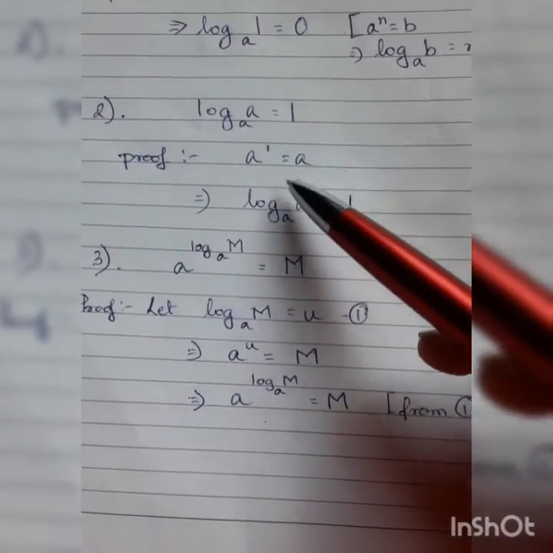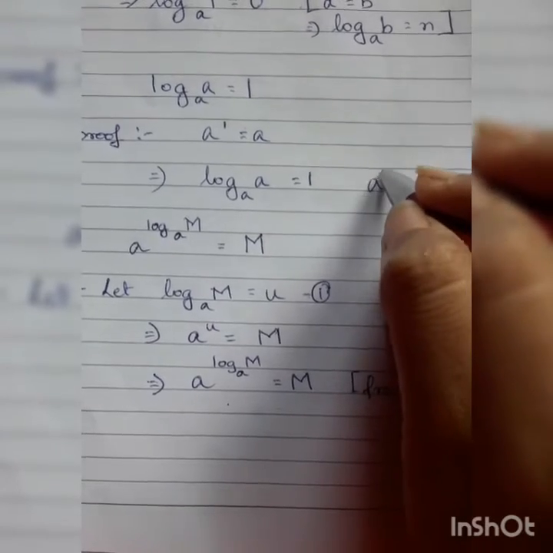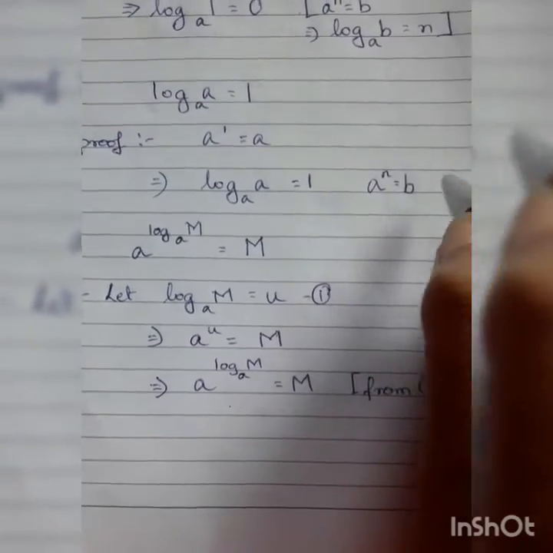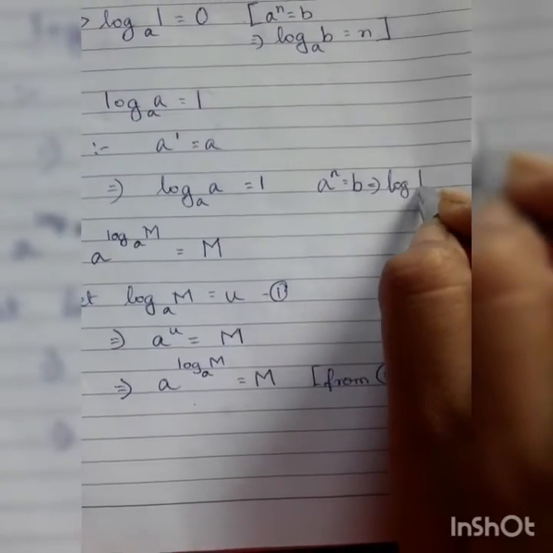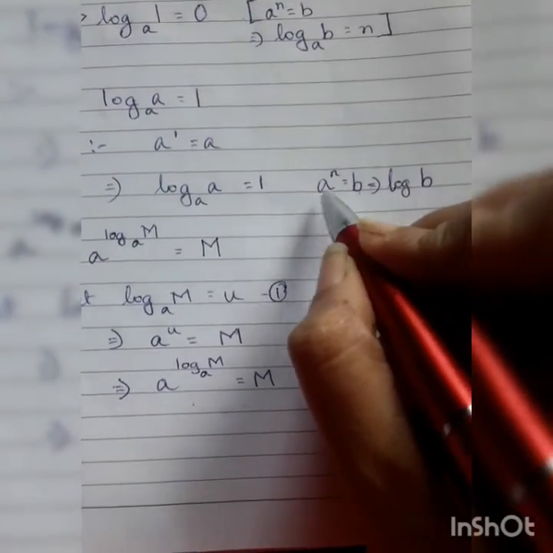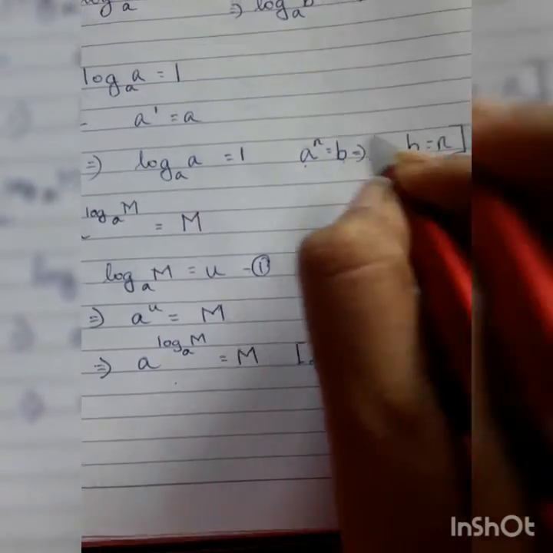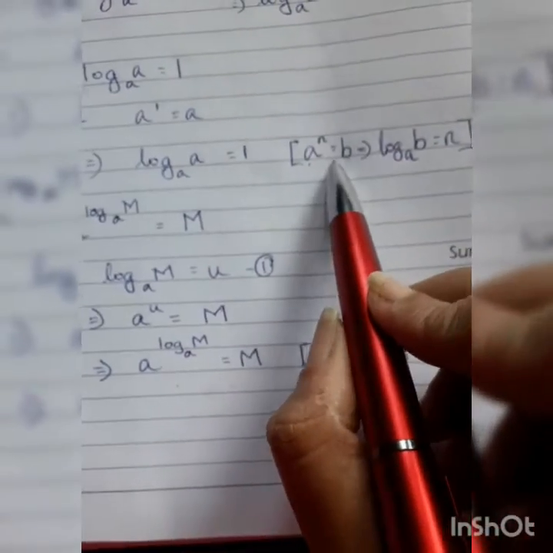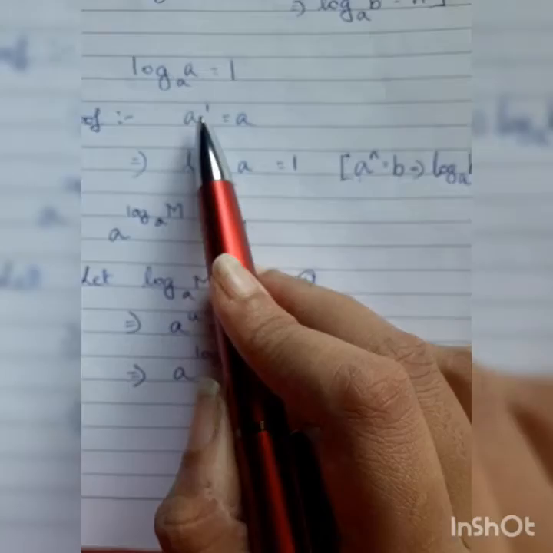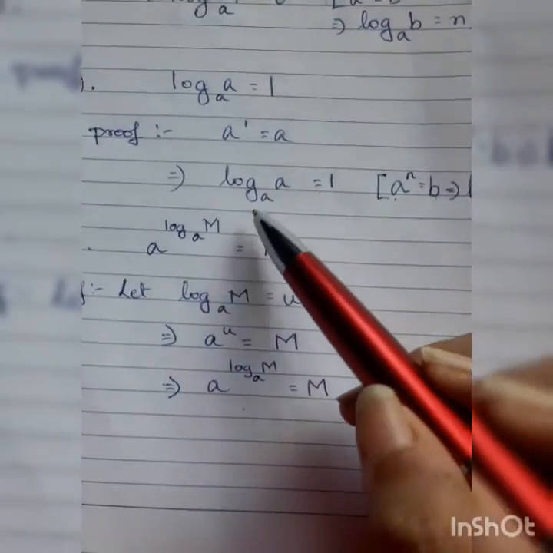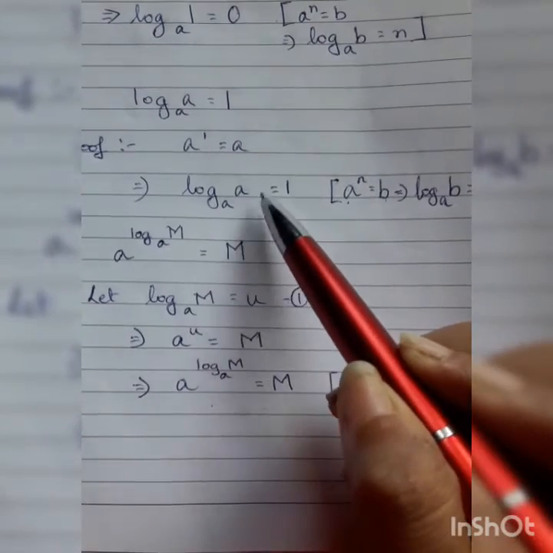So if I again use the definition of log, then we have, if a to the power of n equals b, then log b to the base a equals n. So if I use this definition here, if a to the power of 1 equals a, then log a to the base a equals 1.